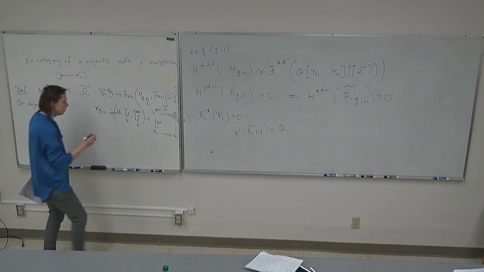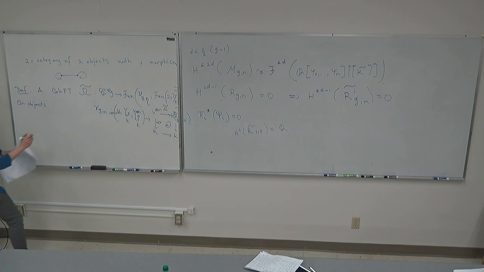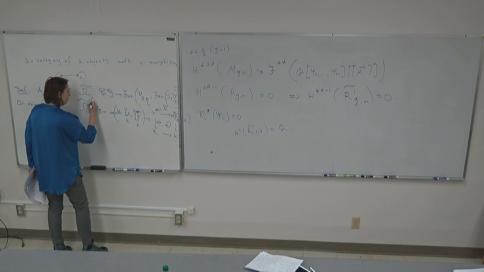So I'm going to ask that this diagram is commutative. So this is how it acts on objects.